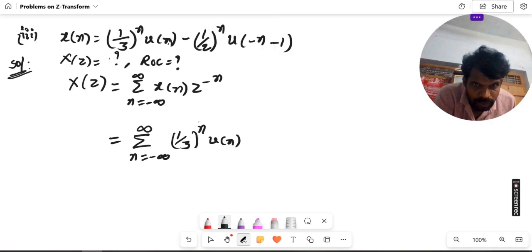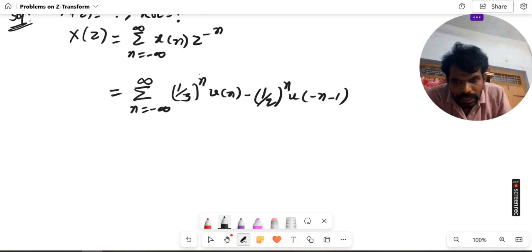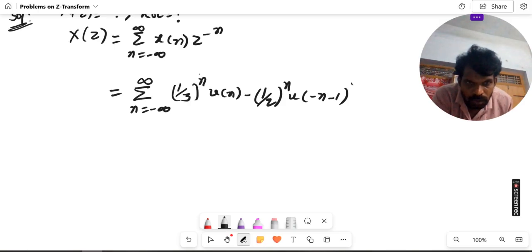1 by 2 power n into u of minus n minus 1, into z power minus n.